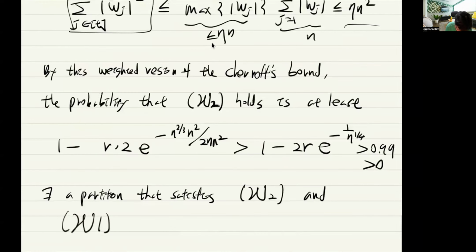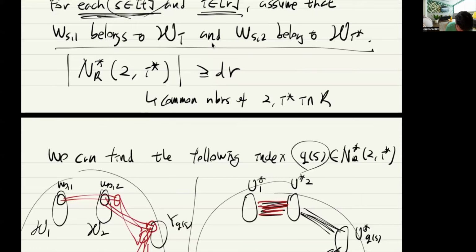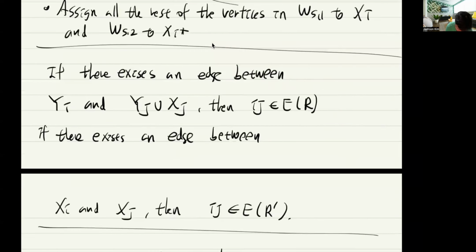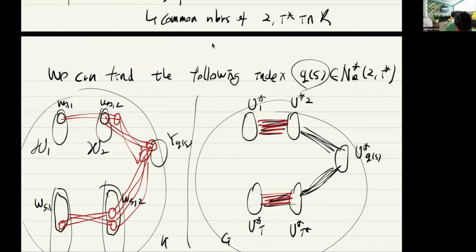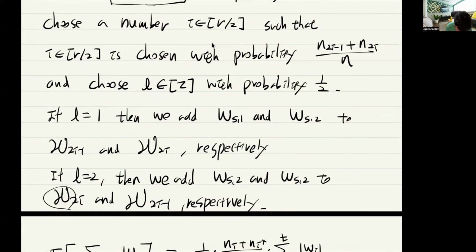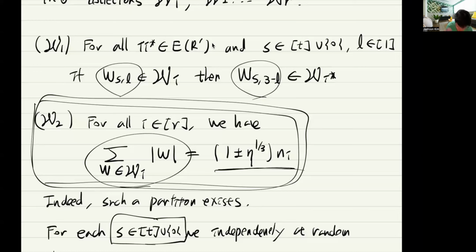From right, this curly W_2 shows that its summation is this much, but some of the vertices were kicked out to be assigned to be in some of the y_i.